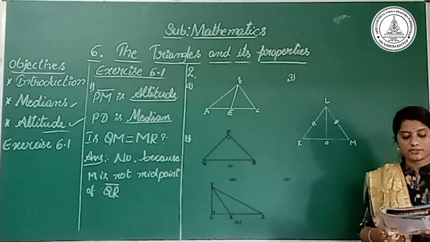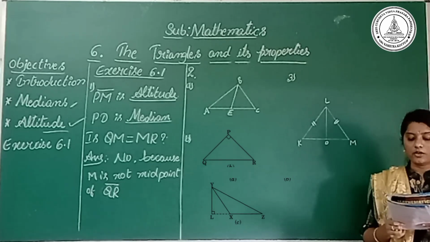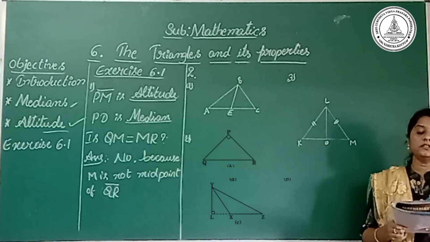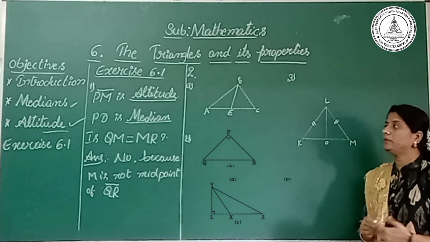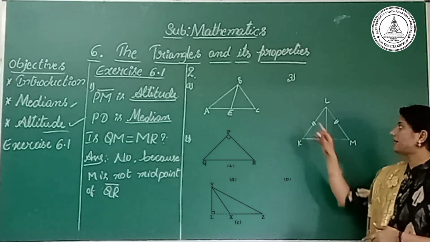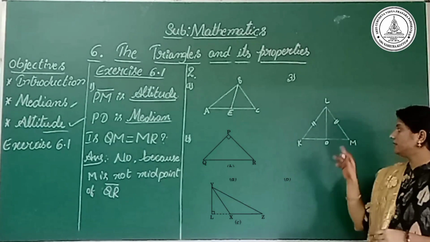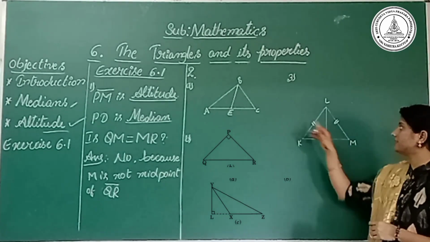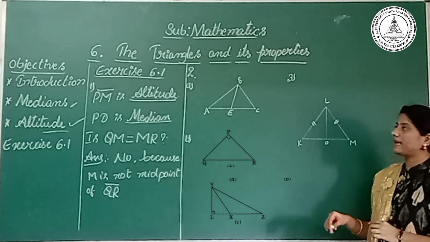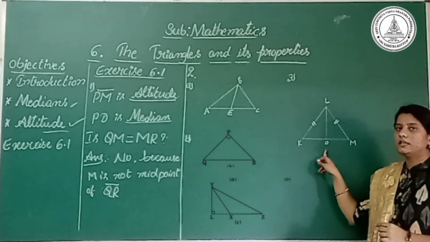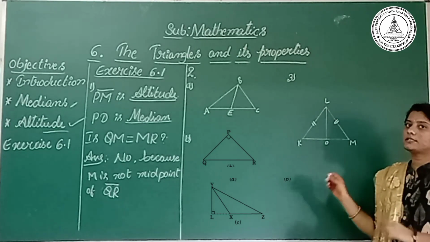Question number 3 is: verify by drawing a diagram if the median and altitude of an isosceles triangle can be the same. Here there is an isosceles triangle, a triangle with two sides of the same length and the third side of a different length. In this isosceles triangle, LO is the altitude and also the median of the triangle.